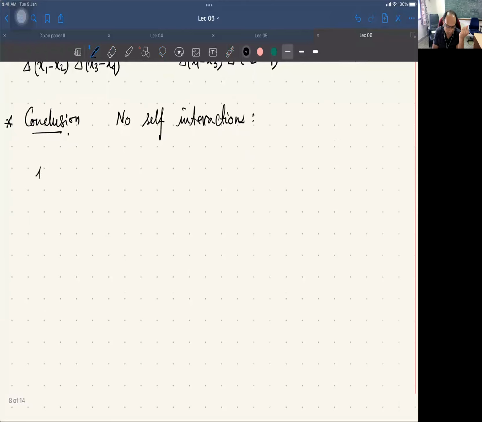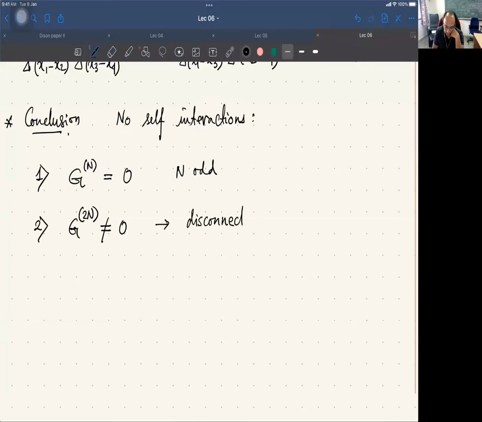As a result of that, all Gn with n odd are 0, and the even ones, G2n, are not 0, but these are all disconnected diagrams.